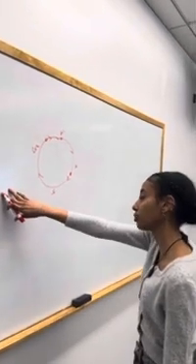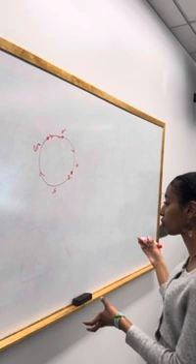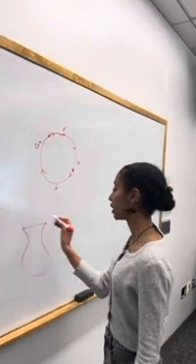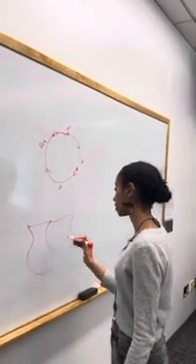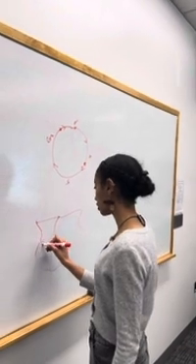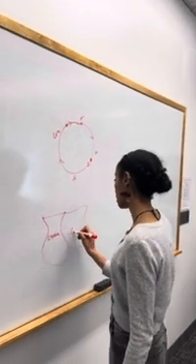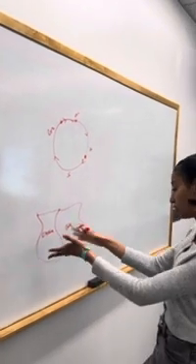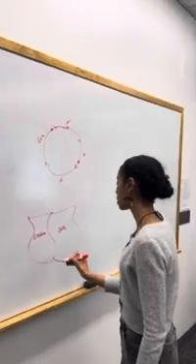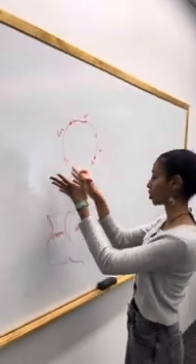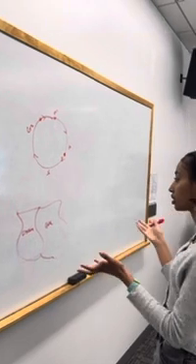P53 is the transcription factor that binds to the promoter of P21, and P21 is the CDK inhibitor. So I'm going to draw a cyclin here and CDK here. For the CDK to be activated, we need the cyclin in the first place. So this is activated and it's pushing the cell forward. Something happens, the cell is damaged, right?